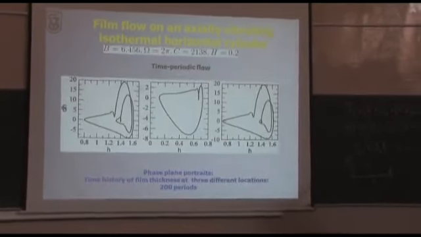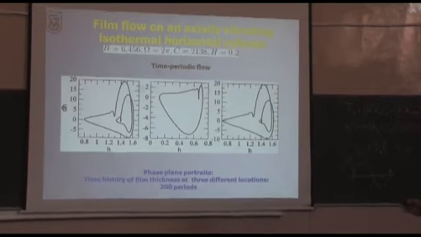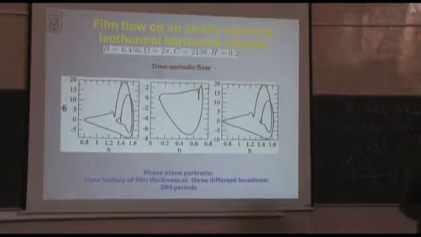And this is another proof that it's a time periodic flow. So what you see here is actually a phase plane portrait. DH is sort of HT, but it's numerical. Okay, numerically calculated, so there is an error of order delta t. It's even a first order approximation.